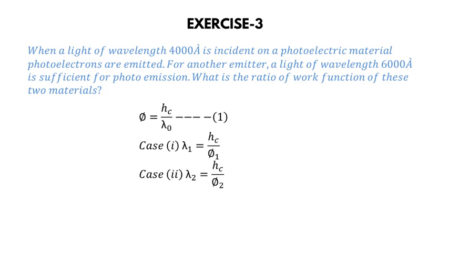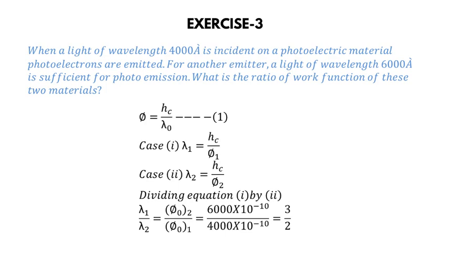Using case 1, lambda 1 equals hc upon phi 1, and in case 2, lambda 2 equals hc upon phi 2. Dividing equation 1 by 2, lambda 1 by lambda 2 equals phi 2 divided by phi 1, that is equal to 6000 angstrom divided by 4000 angstrom, equal to 3 by 2, which is equal to 1.5. The ratio of work functions equals 1.5.